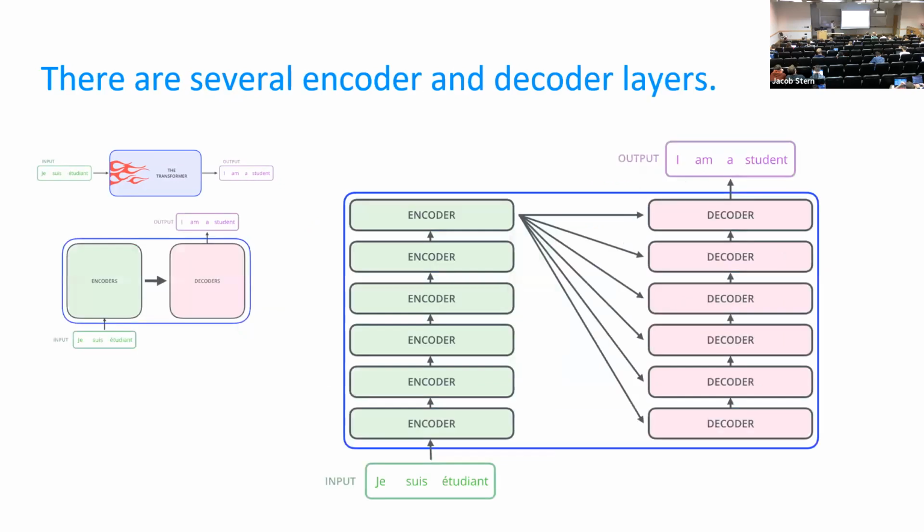If we want to blow that up even further, within this encoder, we have n encoder layers, which we will call self-attention layers, and n decoder layers. The way it works is we encode this input sentence and then take the output of the last encoding layer and feed that into each of the decoding layers.